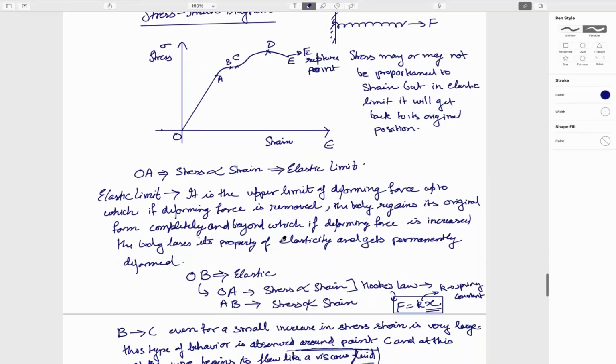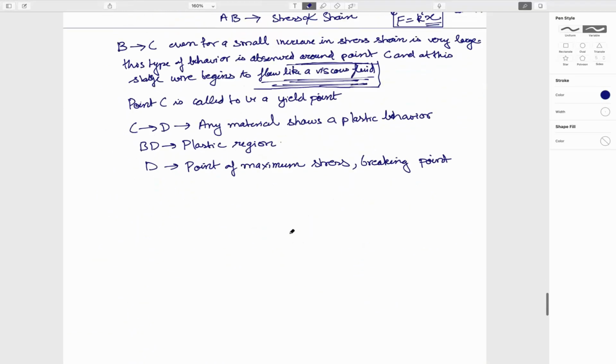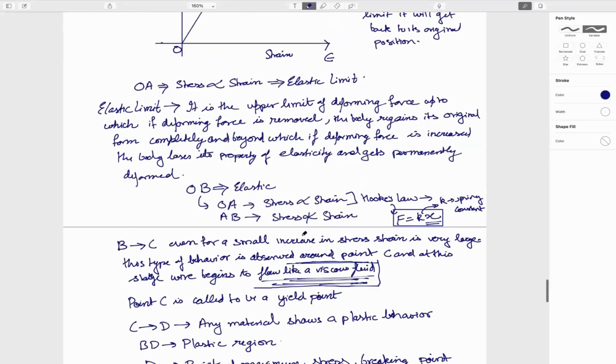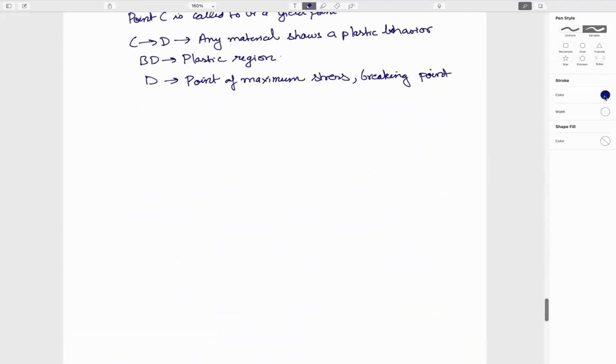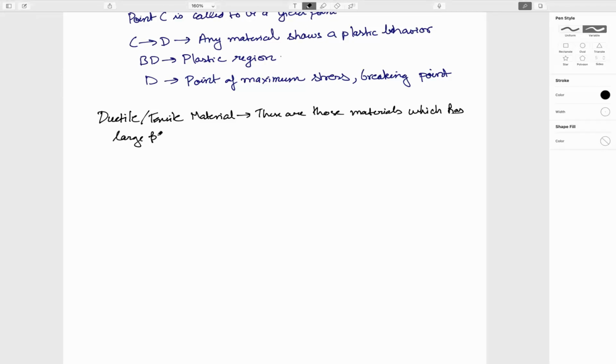From this stress strain diagram, we are able to predict whether the material is ductile, brittle, or an elastomer. If I'm saying the material is ductile, the ductile material or tensile material, these are materials which have a large plastic region.